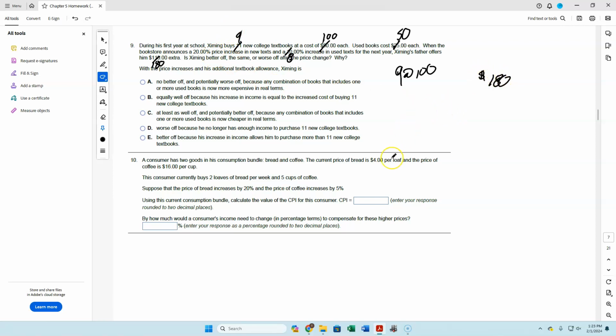So if his total budget is $180, there's a 20% increase for new, 8% for used, he would have been spending $900, right? 9 at $100 a piece. And he's going to get this increase of 180.